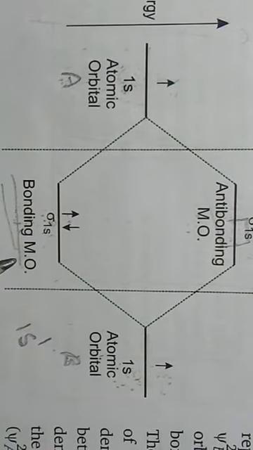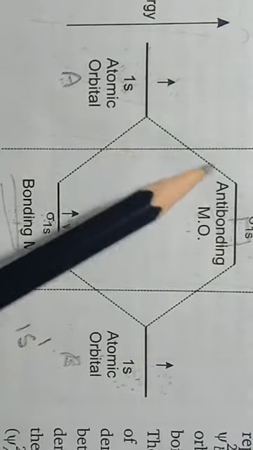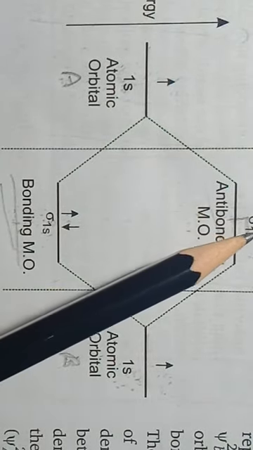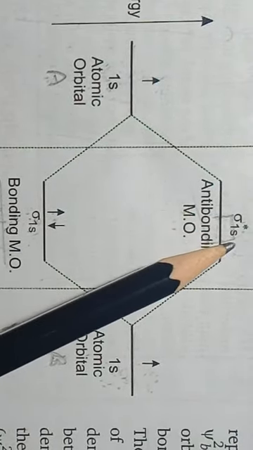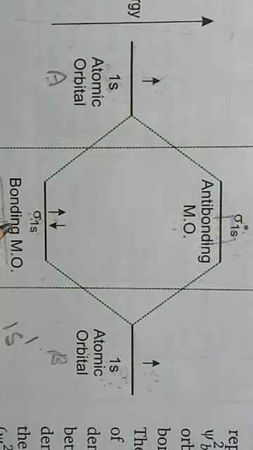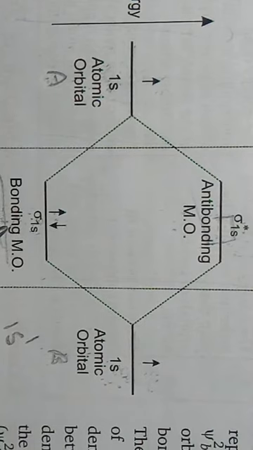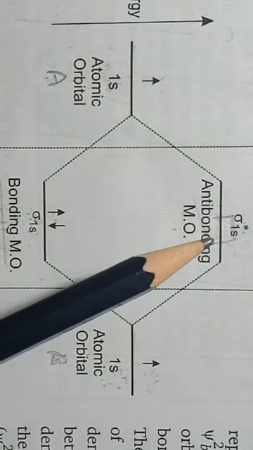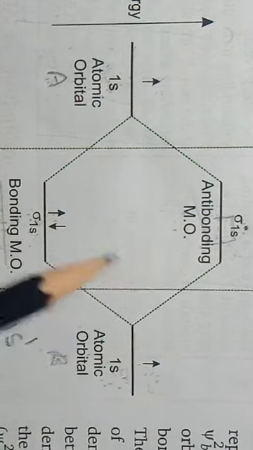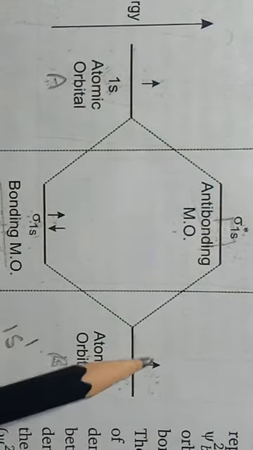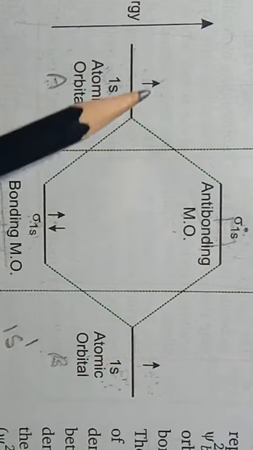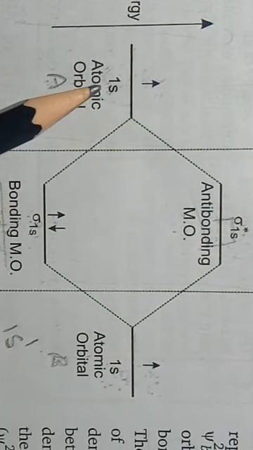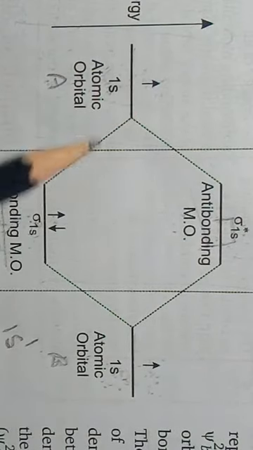Bonding molecular orbitals are shown towards the lower side and anti-bonding molecular orbitals towards the upper side. Why? Because bonding molecular orbitals are of lower energy than the related atomic orbitals and also than the anti-bonding molecular orbitals. Both atomic electrons will enter after the overlap of these two orbitals.